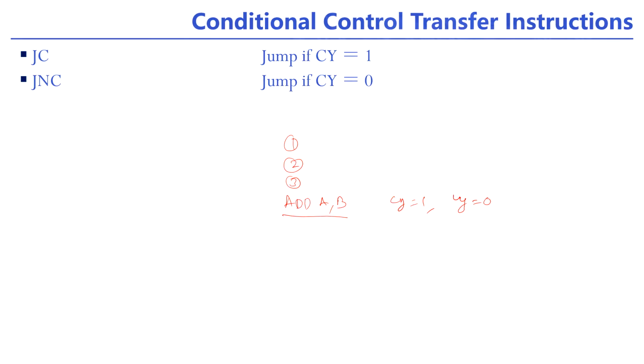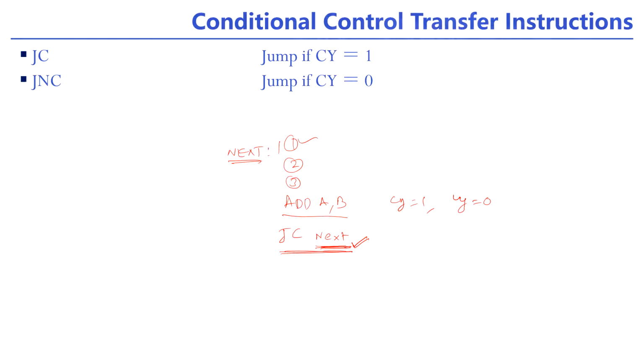Let us consider that after the addition I use the JC instruction, JC next, where next is a label. Whenever this instruction's condition is satisfied, it will transfer the execution to this labeled location, that means it goes back here and executes the instructions again from instruction 1 onwards.